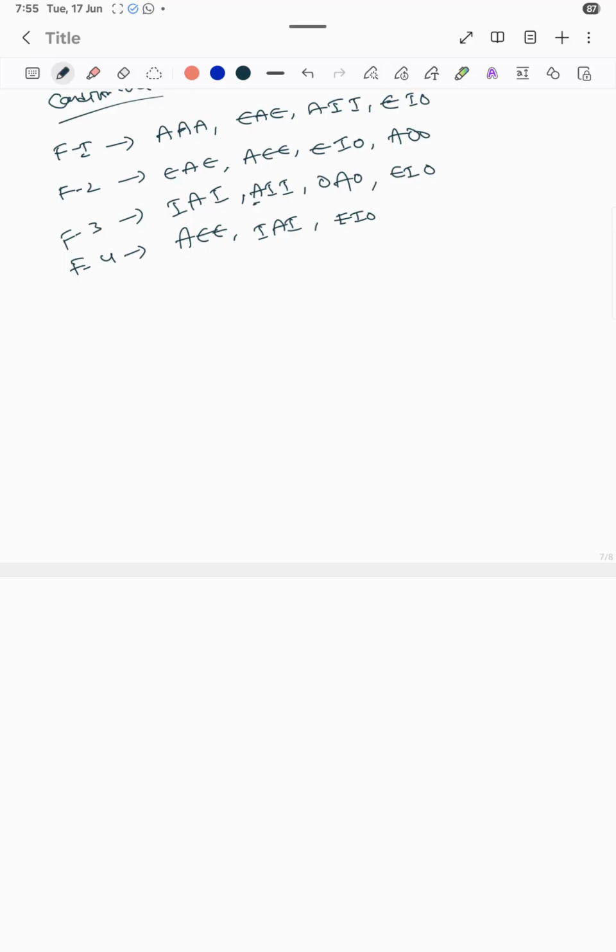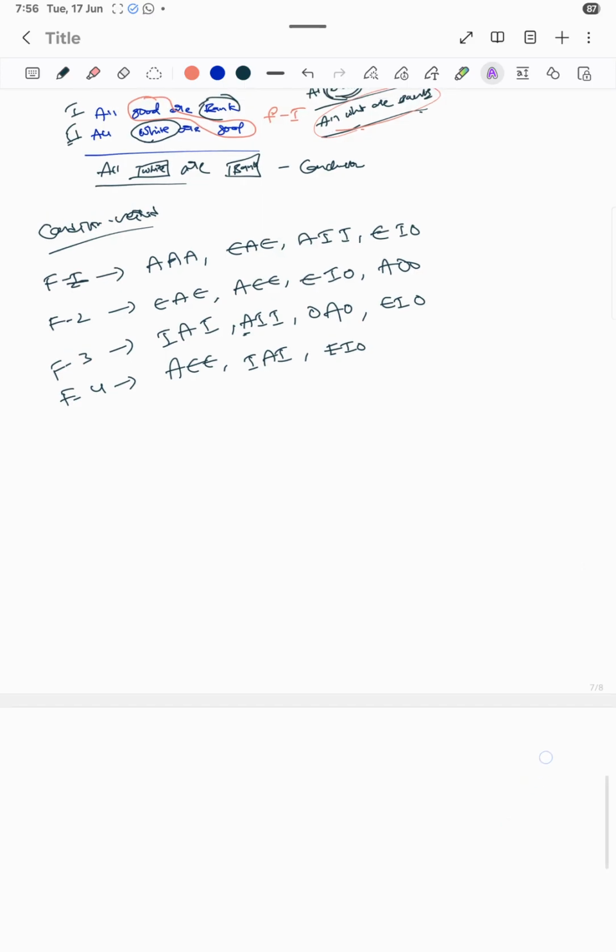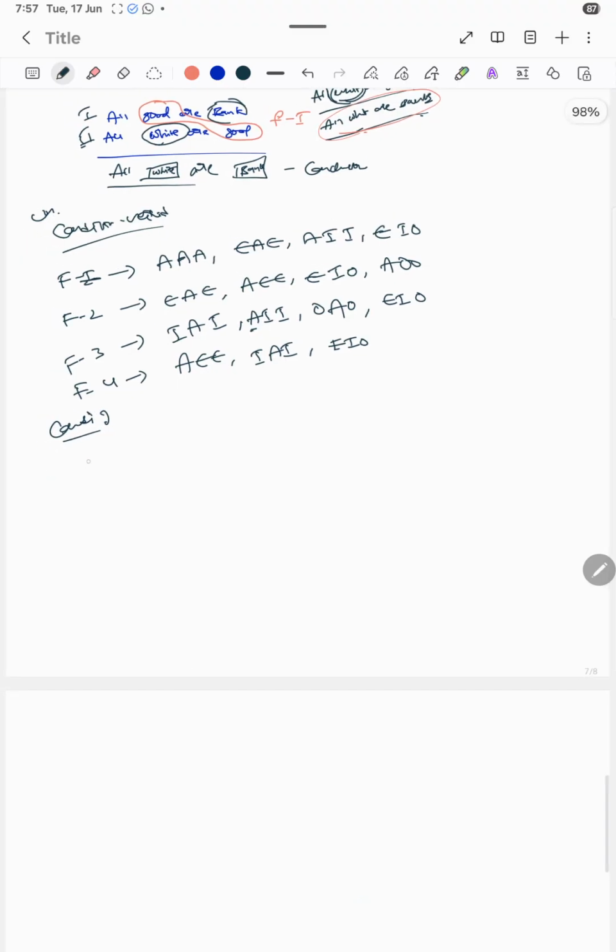Okay. Now a conditionally valid statement is like a cause and effect. Now let us write the conditional ones.